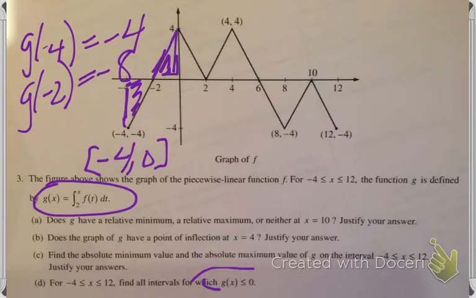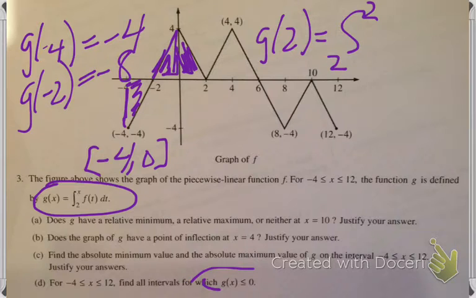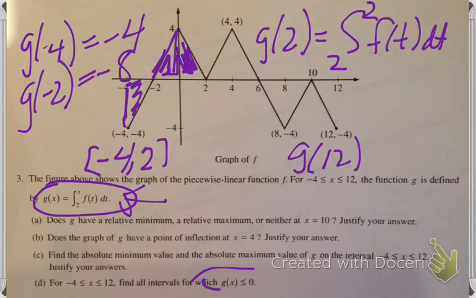But if we go all the way up to 2, so if we did g of 2, you would get the integral from 2 to 2, using this right here. And from 2 to 2 is no space at all, so you're also going to get 0. So in fact, it's really the interval that goes from negative 4 to 2.